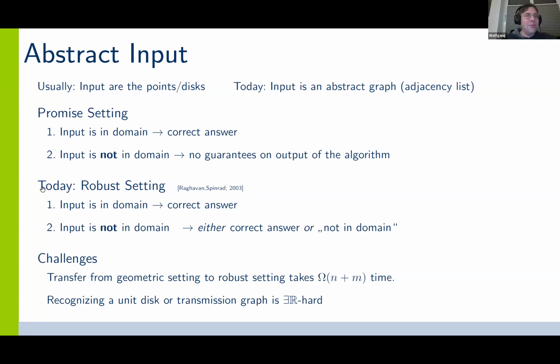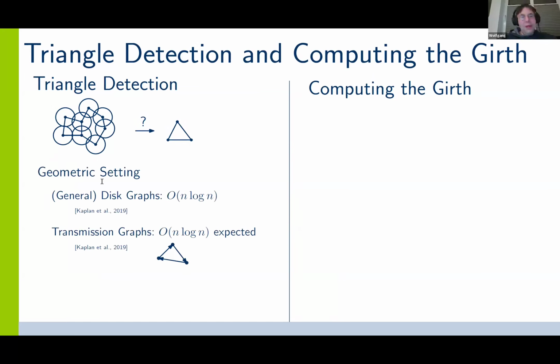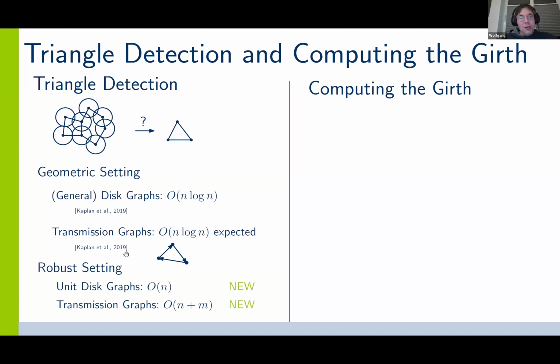Okay, super clear. And so now again, let's look at the problems that we're interested in. We're looking at the problems of triangle detection and computing the girth. I showed you already how triangle detection in disk graphs can be done in n log n time. And for transmission graphs, I did not show you that it can also be done in n log n time, but that's a bit more complicated. And now what I will show you is that finding a triangle in a unit disk graph can be done in linear time.